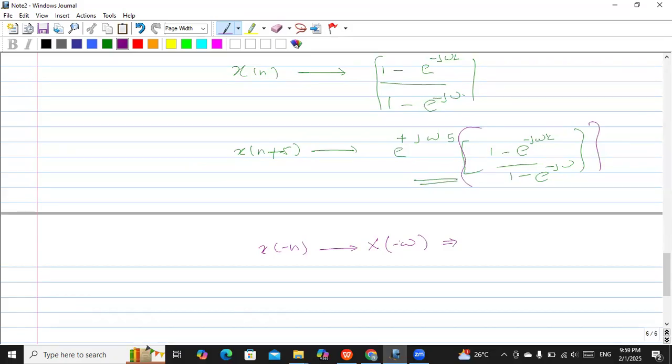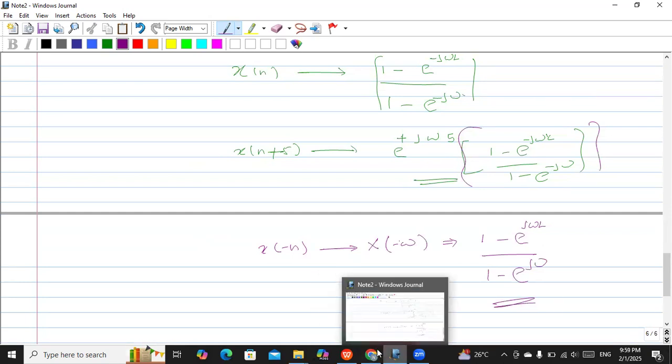Instead of this omega, you need to apply minus omega. So you will have 1 minus e to the power minus j minus omega, so that means j omega L, over 1 minus e to the power minus j minus omega, minus minus again plus. So you will have j omega, this one. So that is the time reversal property.